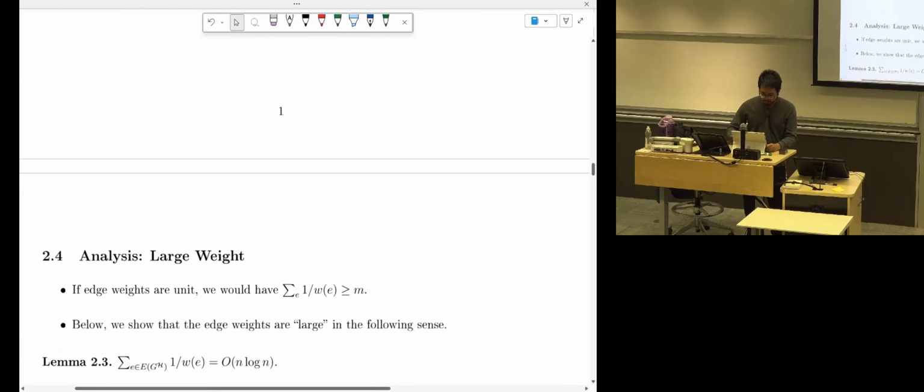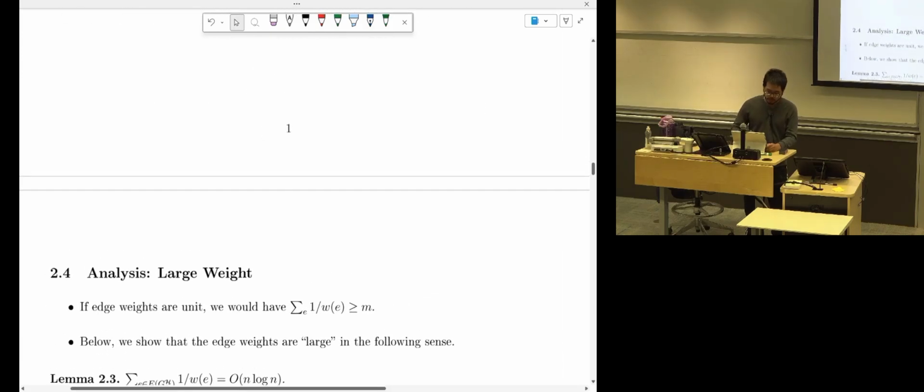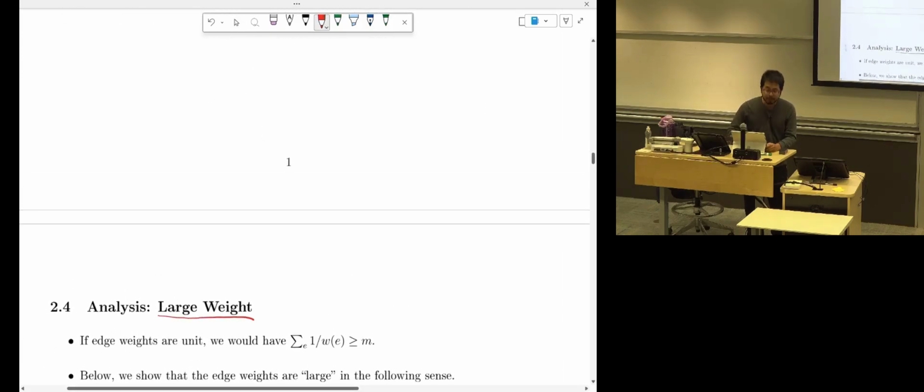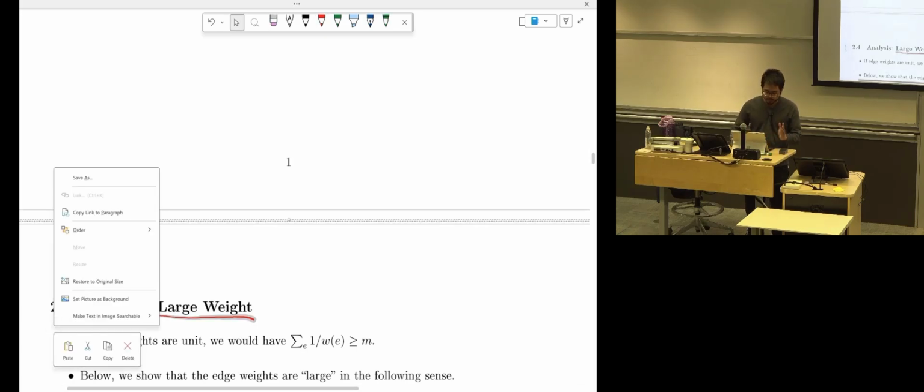Next, I'm going to say that the weight that we assign is quite big. Big in what sense?